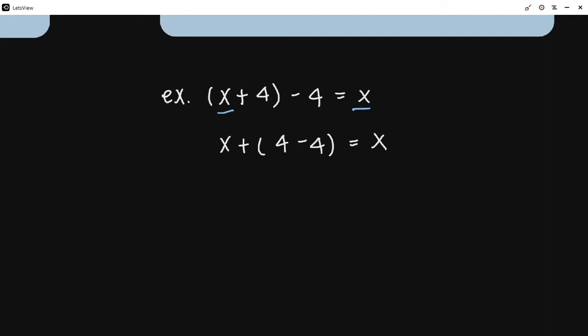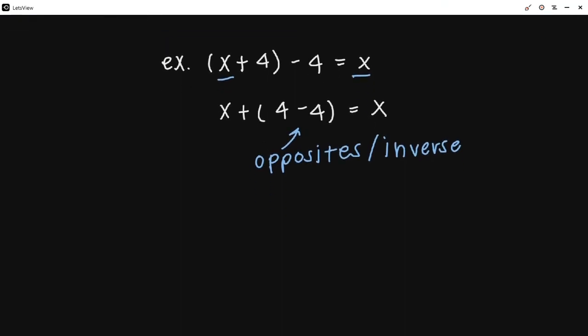So here, 4 minus 4, these are opposites, so that means that this is also the inverse. And we know that that equals 0. So x plus 0 equals x, and this is the identity property. Oh, I spelled that wrong. Identity.